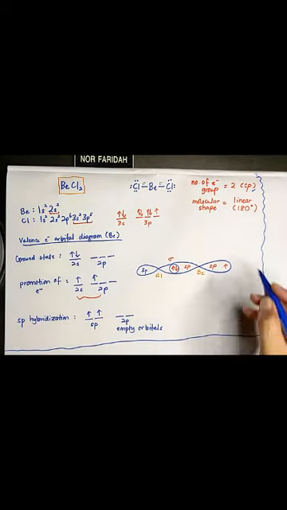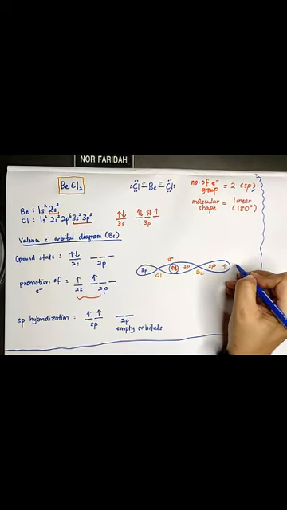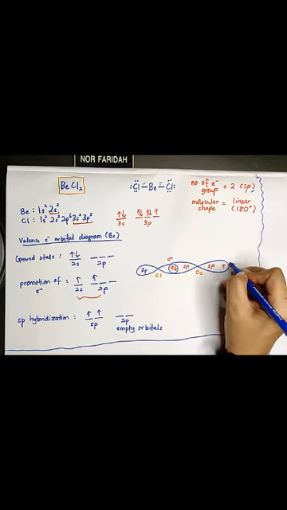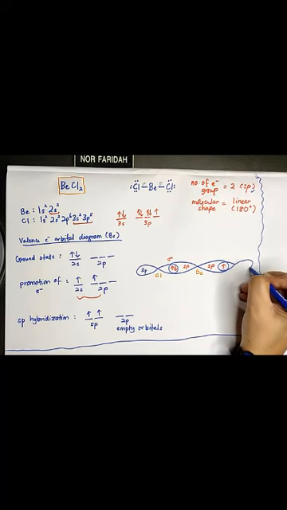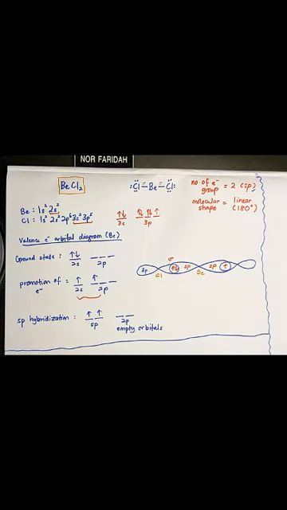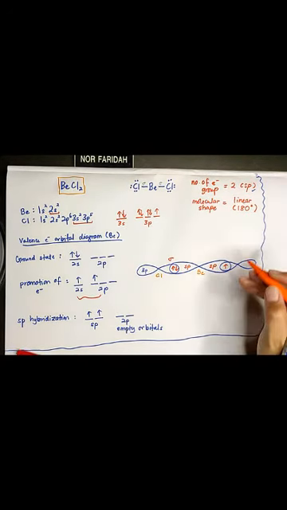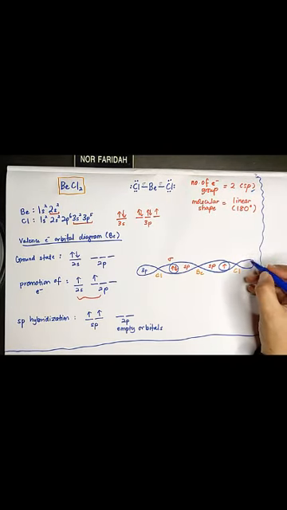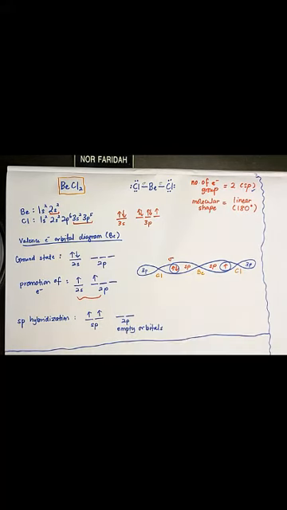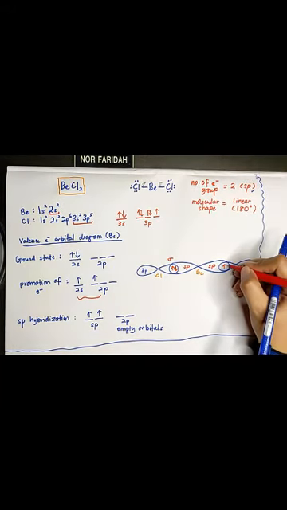Okey. Baik, satu lagi proses yang sama, dia akan overlap dengan one of the 3p orbital of another one chlorine atom. So labelkan di sini chlorine dan orbitalnya adalah 3p di sini. Maka tempat dia overlap ada electrons, shared electron with opposite spin.